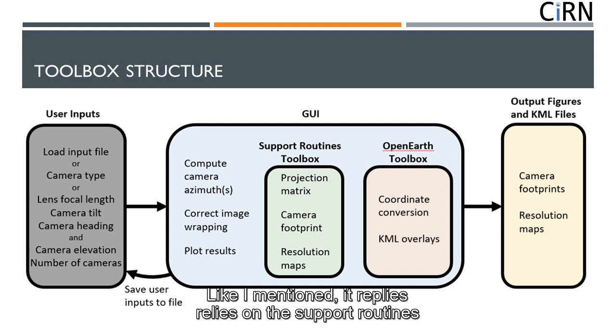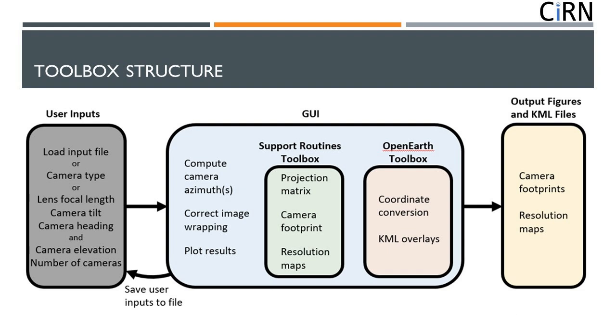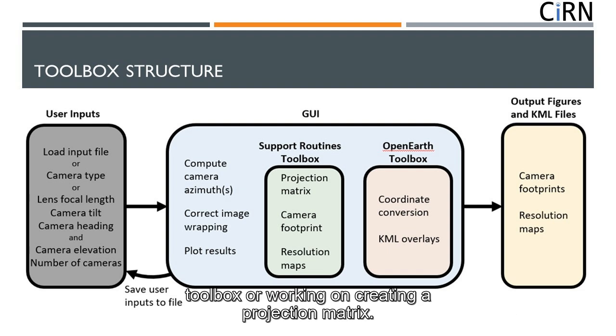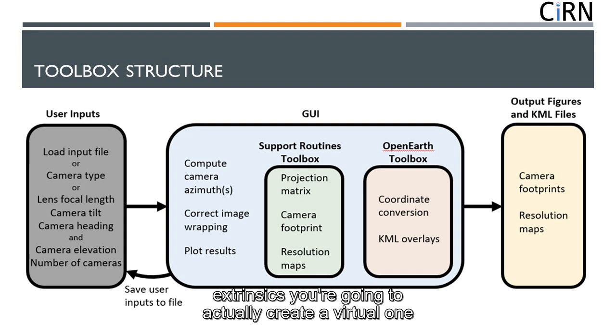Like I mentioned, it relies on the support routines toolbox for creating a projection matrix, so the P matrix that we've been talking about all day long, rather than solving for your intrinsics and extrinsics. You're going to actually create a virtual one for this case.